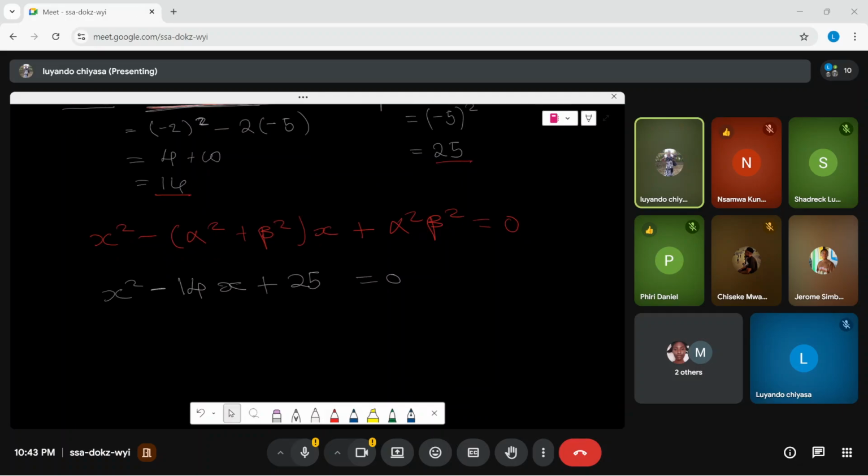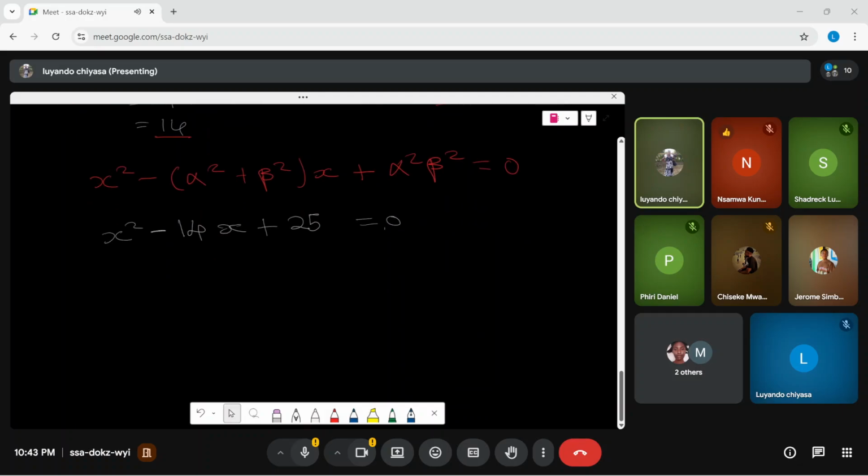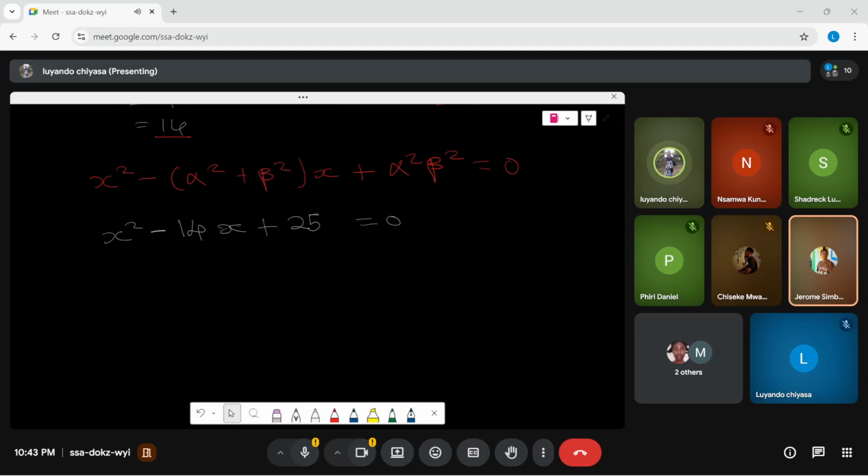Even at this point, you need to put a statement, guys. Statements won't even take 10 minutes of your time, or even 3 minutes of your time. You say, therefore the quadratic equation with the roots alpha squared and beta squared is this.